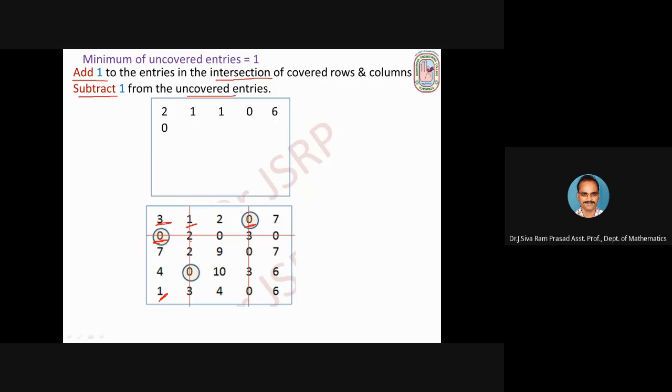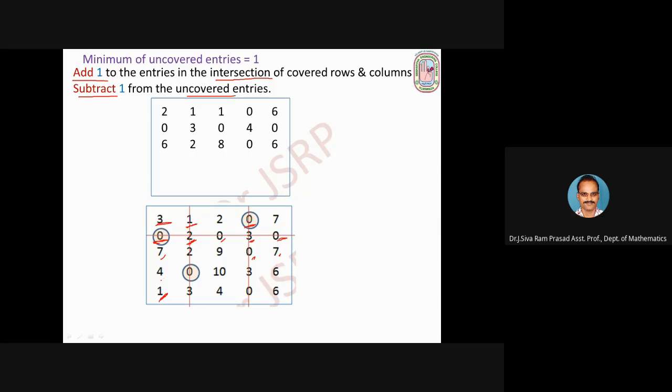This is in the intersection of a covered row and column, so we have to add 1: 2 plus 1 is 3. This remains 0. Again, this is an intersection of covered row and column, so add 1: 3 plus 1 is 4. And this remains 0. Next, this is uncovered, 7 minus 1 is 6. 9 minus 1 is 8. This remains 0. 7 minus 1 is 6.